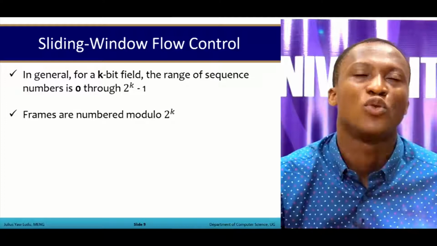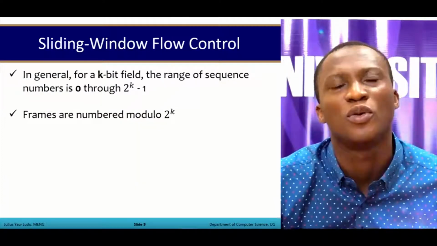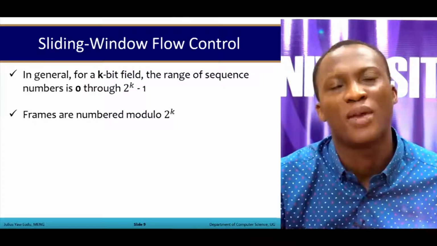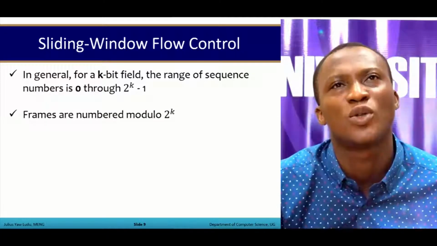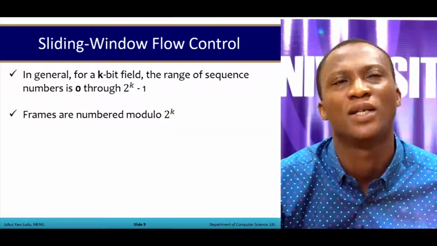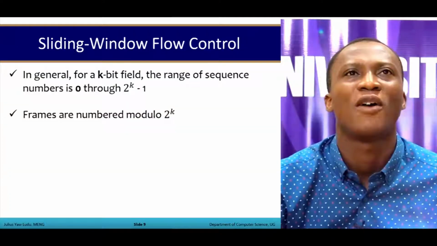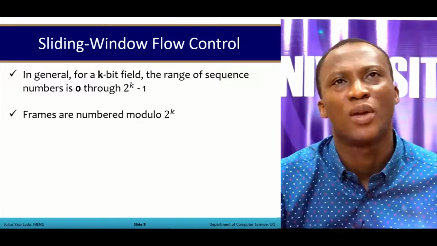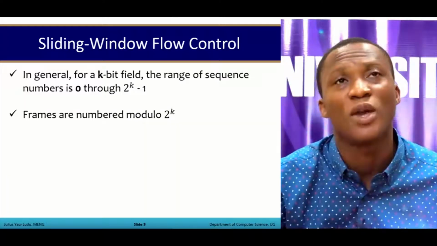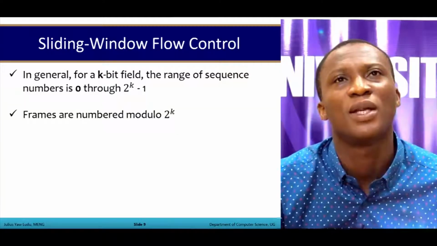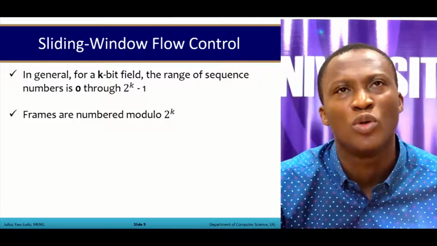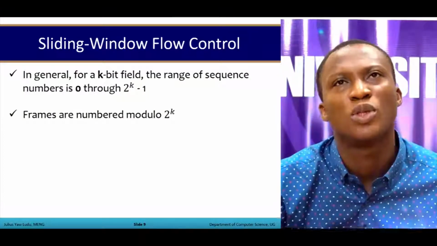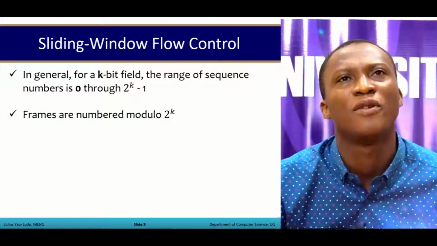For instance, if I have a 2-bit field, I have 0 through to 3, because 2 raised to the power 2 is 4, minus 1, so I'll have from 0 through to 3. In effect, it still makes it 4 anyway. Frames are numbered with modulo, so mod 2^k. And that's how the frames are numbered.